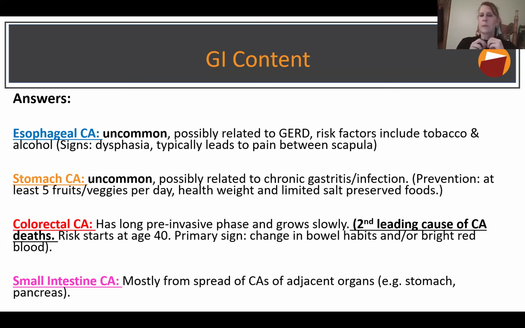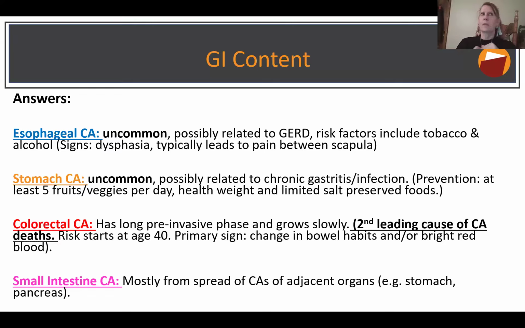Colorectal cancer, I would know something about that for the exam. It's the second leading cause of cancer deaths in the US. Risk starts at the age of 40. It has a long pre-invasive phase, and it grows slowly. So we might be the first ones picking this up when somebody starts talking about blood in their stool or changes in their bowel habits.